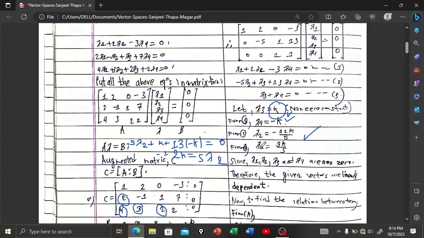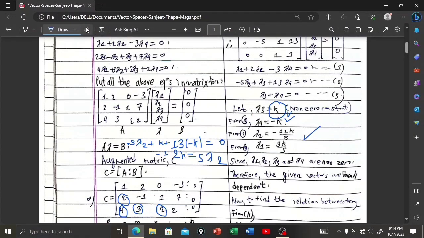And from equation first we get this lambda 1 plus 2 times lambda 2, 2 times lambda 2 is minus 12k by 5, and minus 3 lambda 4 is plus k, equals 0.